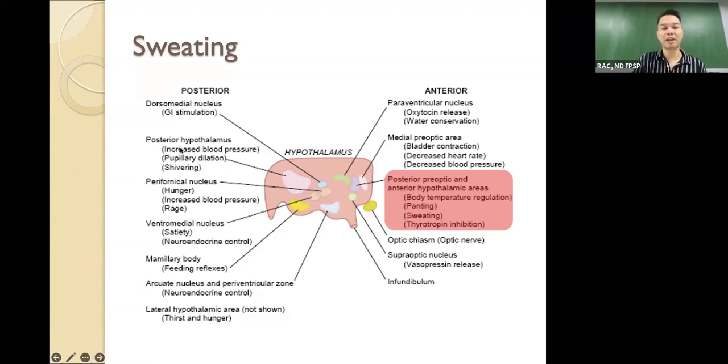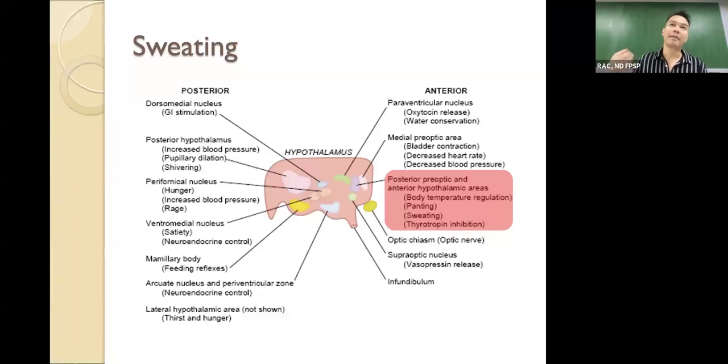We have the posterior hypothalamic region and the posterior preoptic and anterior hypothalamic region. Now, let's focus more on the posterior preoptic and anterior hypothalamus. You will notice these nuclei are responsible for heat-losing mechanisms.